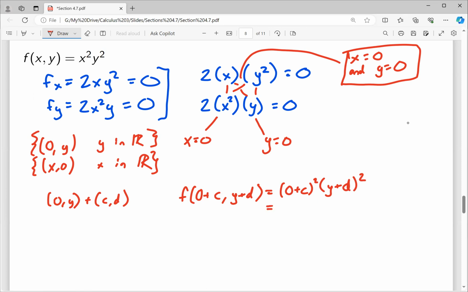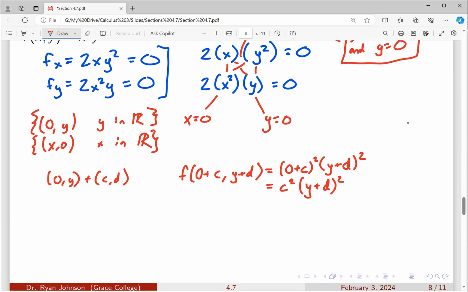That's going to equal c squared times y plus d squared. And c is a small number but greater than 0. And d is a small number and smaller than whatever y is.